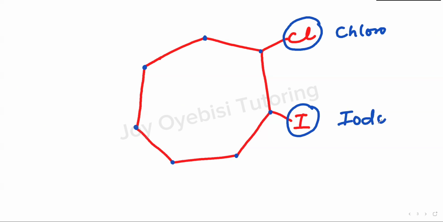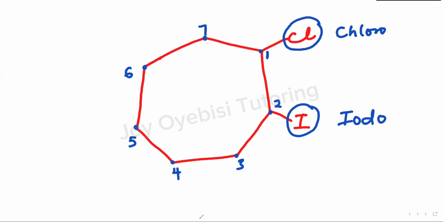Now, in terms of the numbering or the counting, you have to count from the side that gives your branch a lower number. So you give the priority to the branches or the substituents. I'm going to start my counting from this chlorine. So that will be 1, 2, 3, 4, 5, 6, and then 7.